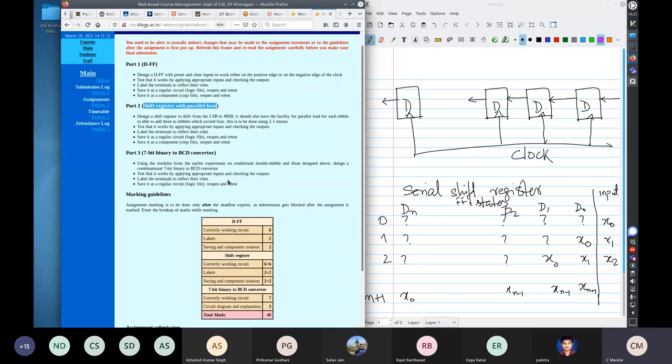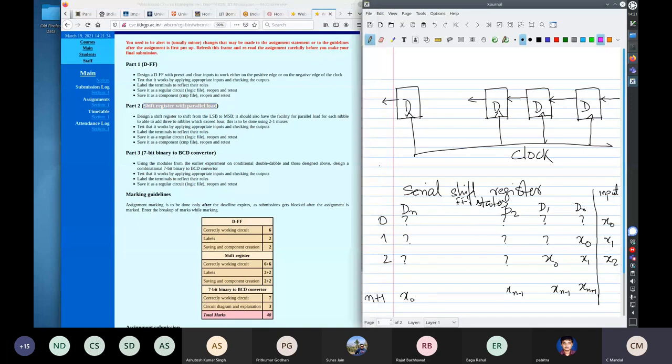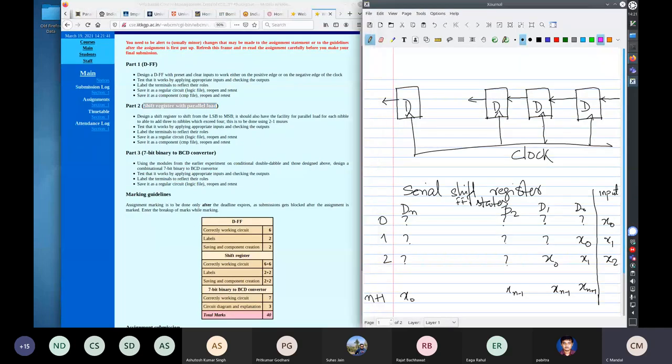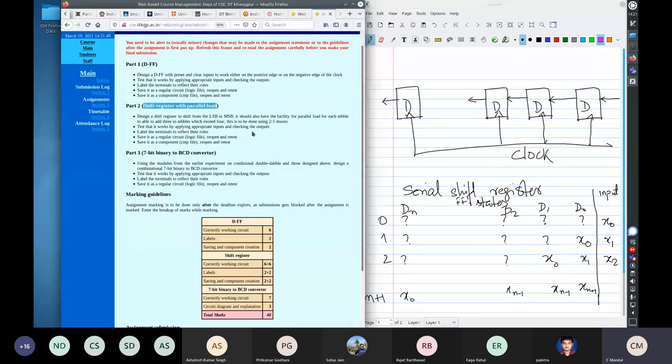That is based on just the same algorithm. The only thing is that you have to implement that algorithm in this. You did a parallel implementation before. Now you can do a serial implementation. All right. It's actually a simple experiment, really.